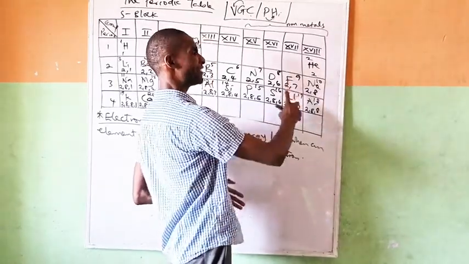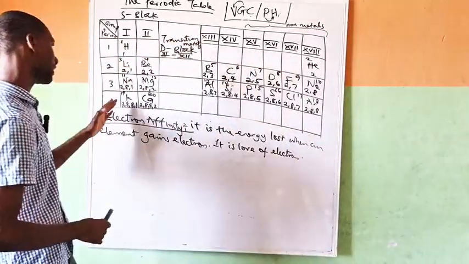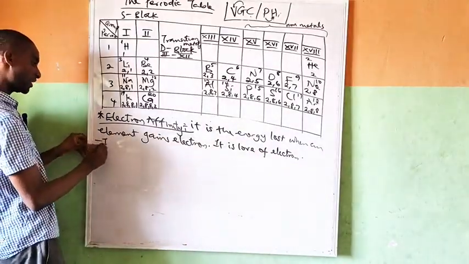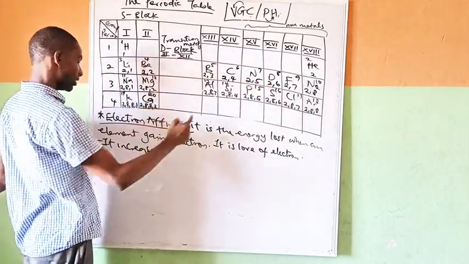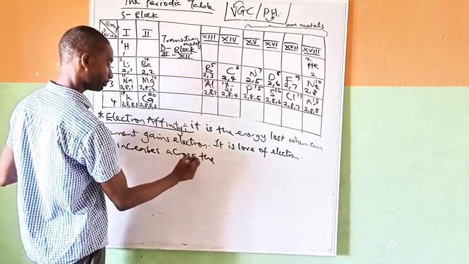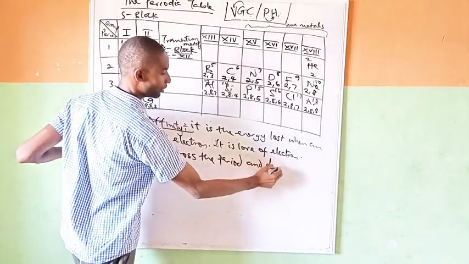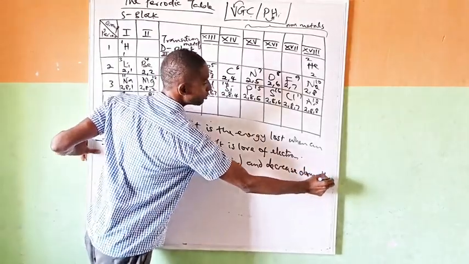So they have the highest love for electron, while this has very low love for electron. Therefore, electron affinity increases because it's the highest here. So it increases across the period and decreases down the group.